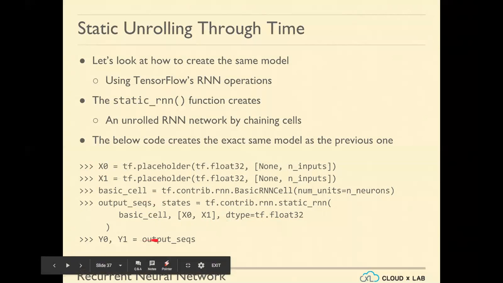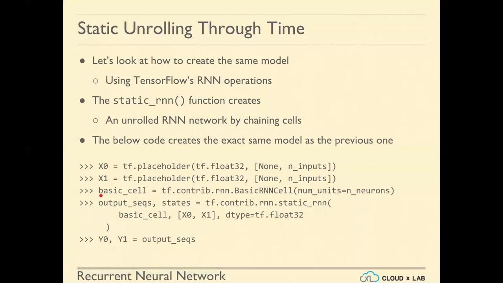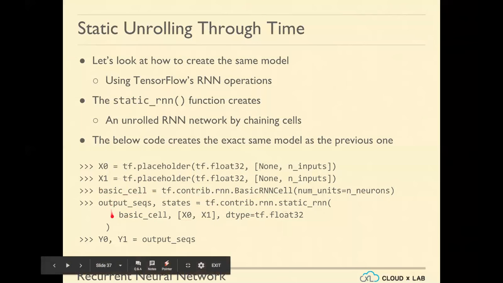And we get the output sequence here. So we define our placeholder as usual. Then using tf.contrib.rnn.BasicRNNCell, we created the basic cell, and then we created the static RNN using this function. So y0 and y1 are our output sequences.